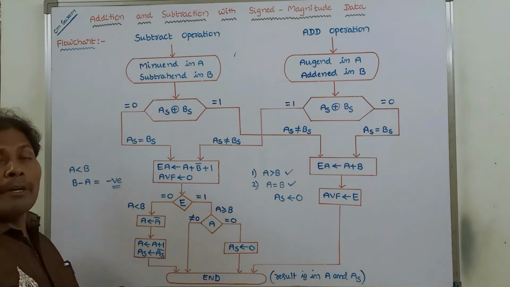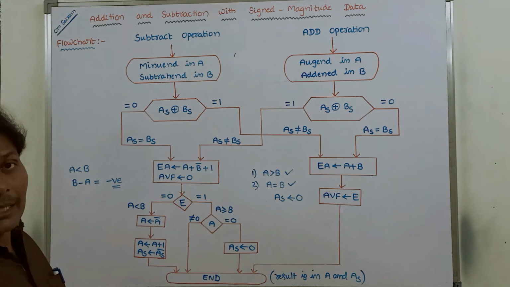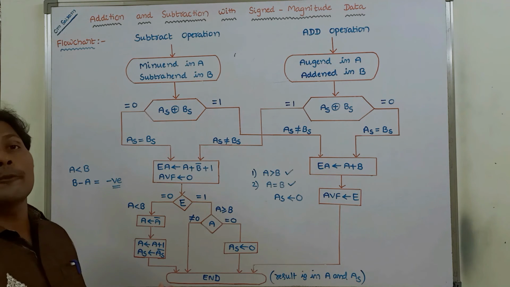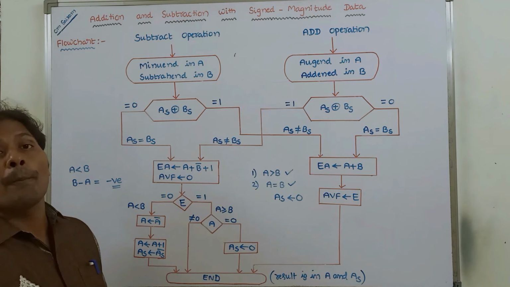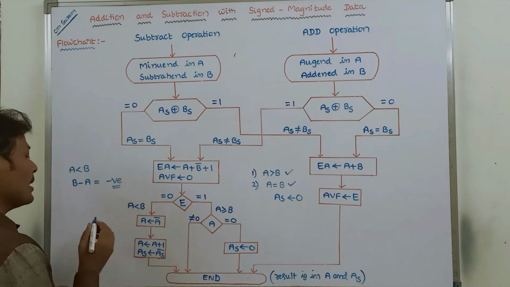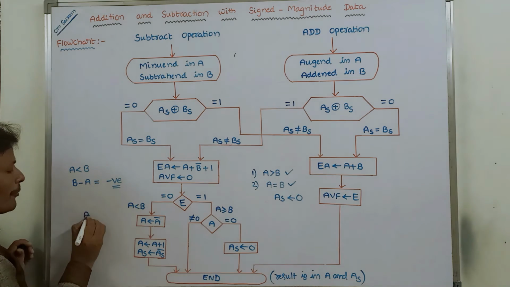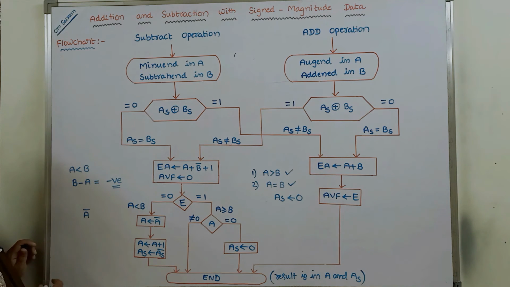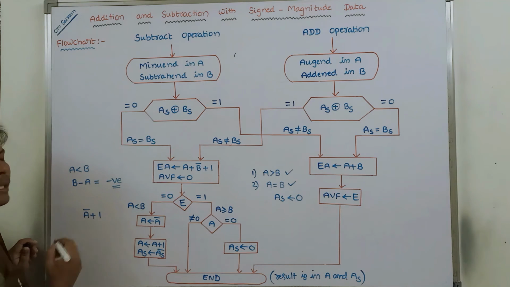Whenever we are getting the negative result, first we have to find the 2's complement of the result. For the 2's complement, first we have to find out the 1's complement. After that we are adding 1.